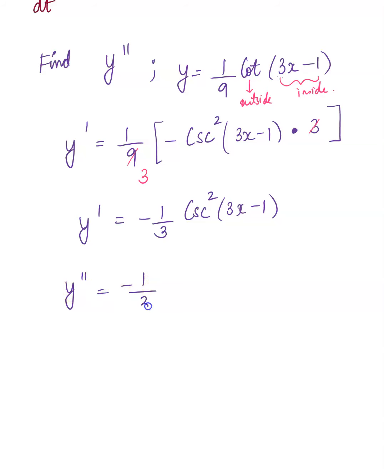Once again, the constant can be kept outside, and we need to do the derivative of cosecant squared 3x minus 1. So here what you notice is this is your outside, because it's a power. Then this becomes your inside, and this is your innermost.